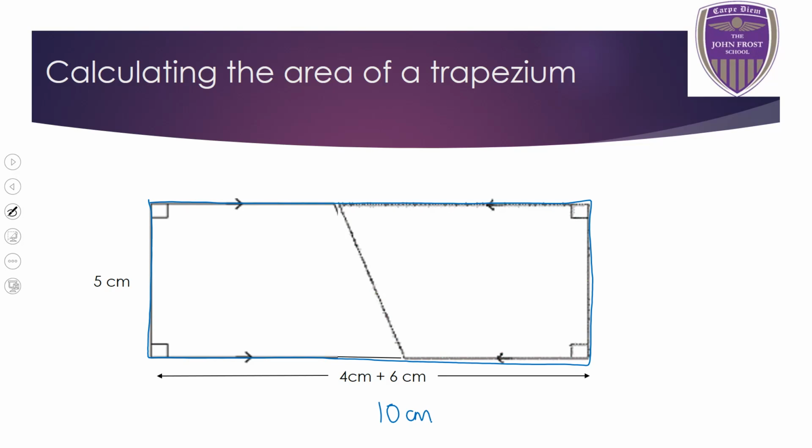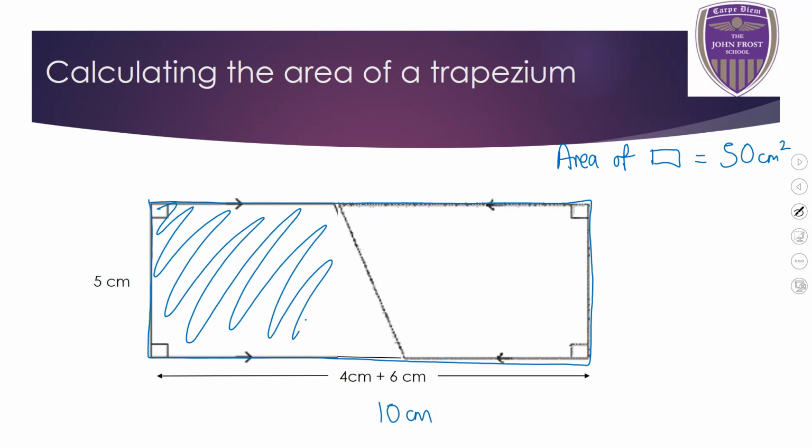So the area of the rectangle is going to be 10 times 5, which is 50 centimeters squared. Just remember the area is always the unit squared. But like we discussed in the last one, I actually only wanted the area of the trapezium, so only half of that.